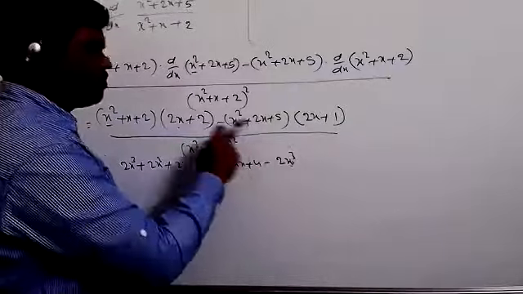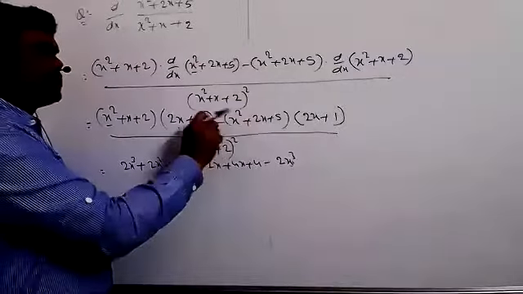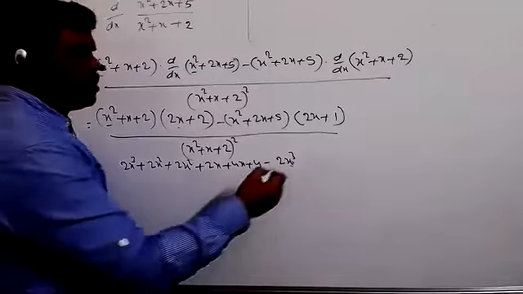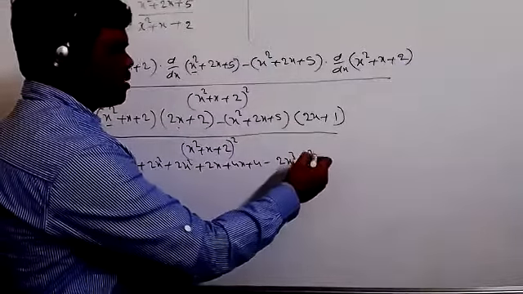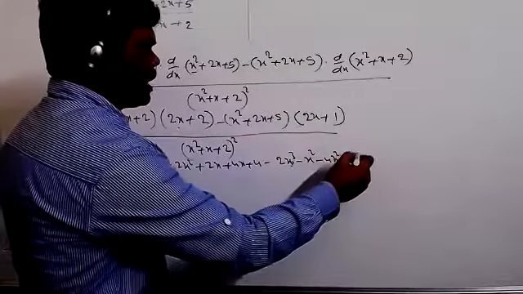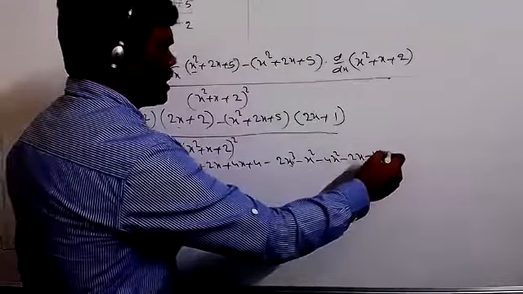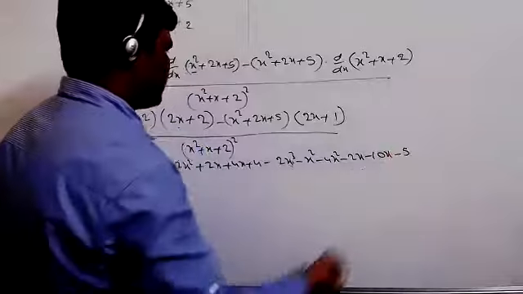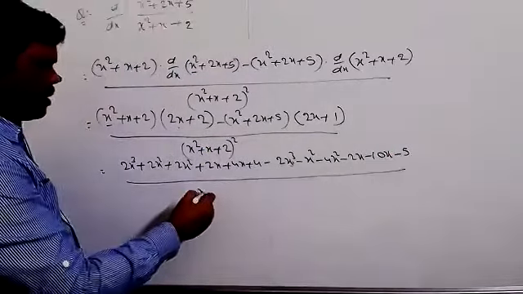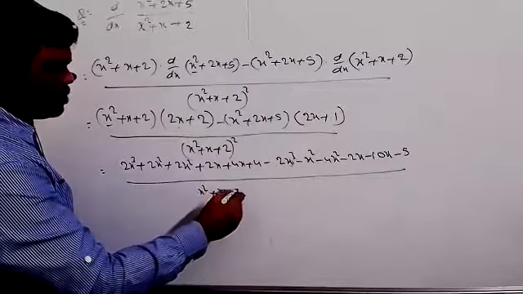Anyhow, plus into minus equal to minus, so all the terms we are getting minus only. Minus x square minus 4x square minus 2x minus 10x minus 5 whole by x square plus x plus 2 whole square.